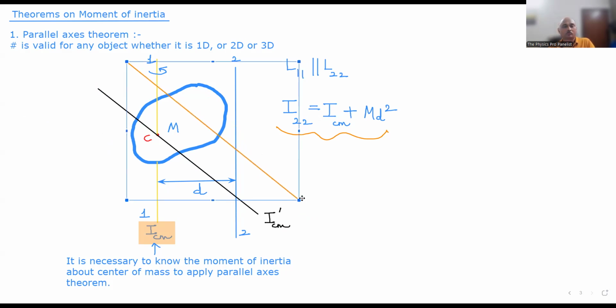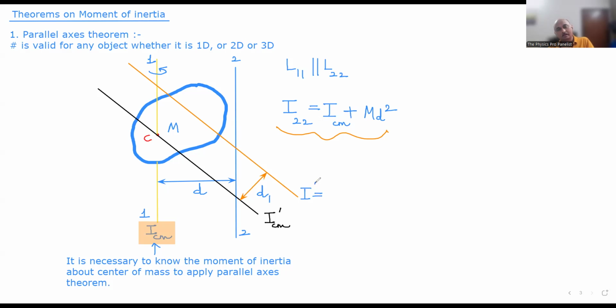I about this is I dash CM plus M D1 square. Clear to everyone? Note this down.